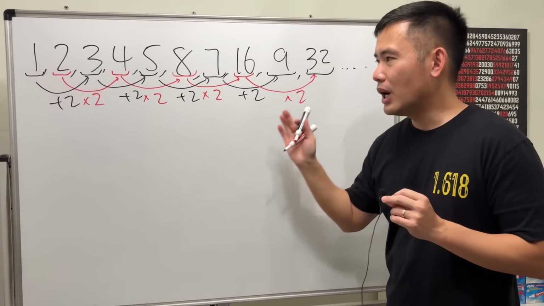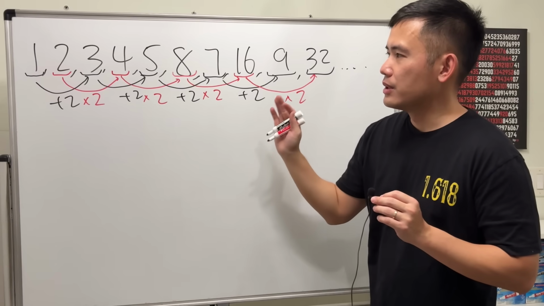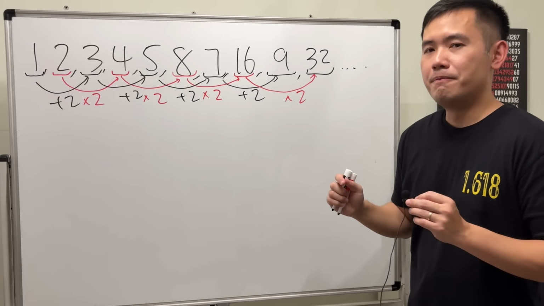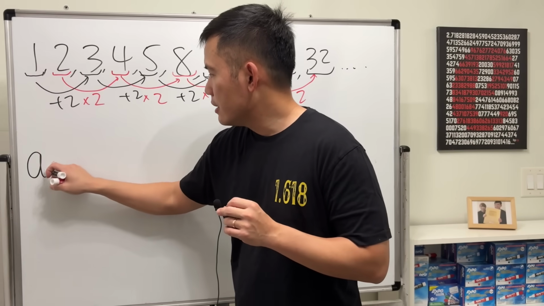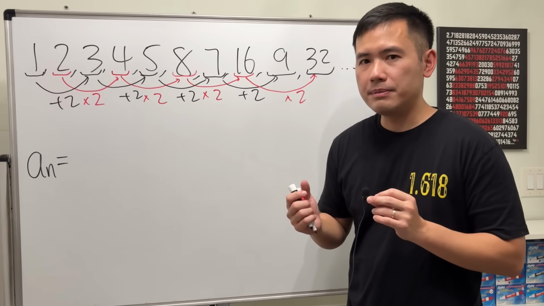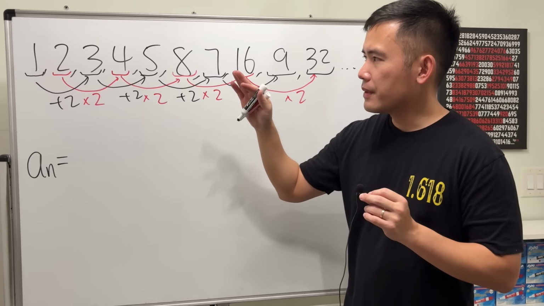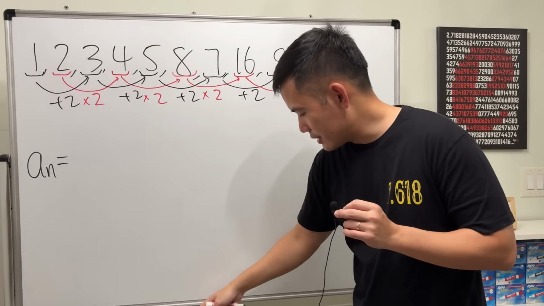Yes, sometimes when you have a sequence, you have to break it down into the odd number terms and also the even number terms. Let's see how we can write a formula for that. Okay, a_n for this sequence. And to write a formula, I usually recommend my students to write down the number of terms, like the following.